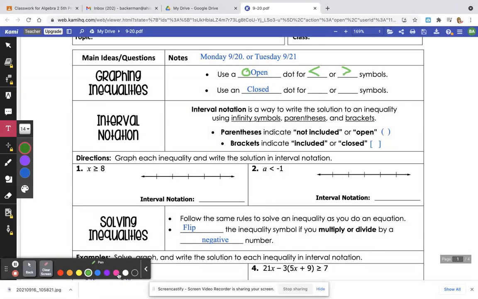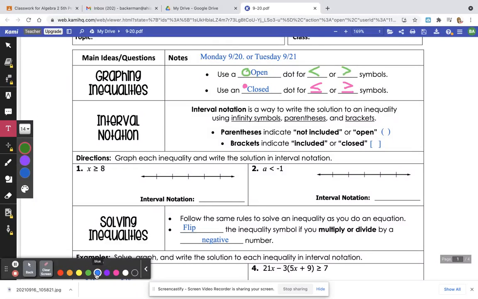Now, if the dot is closed or solid, then you will have that little equal sign on the bottom, okay? So that's just remembering how we come up with whether there is an equal sign underneath or not.